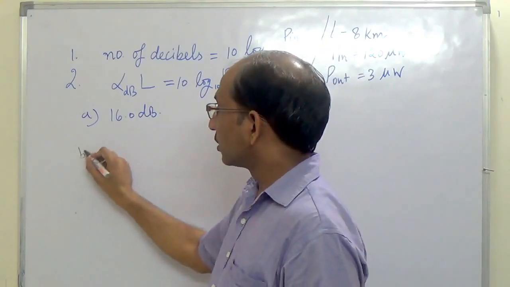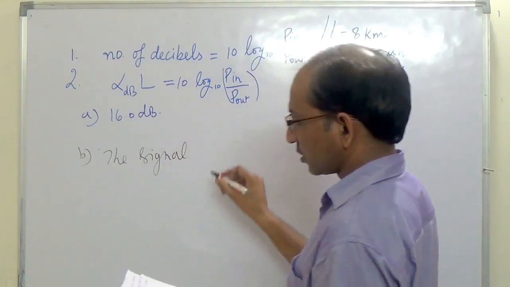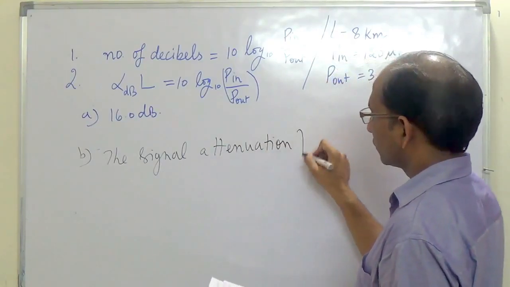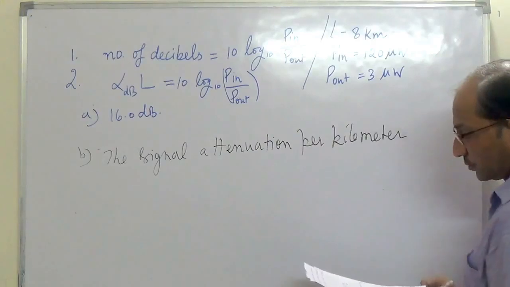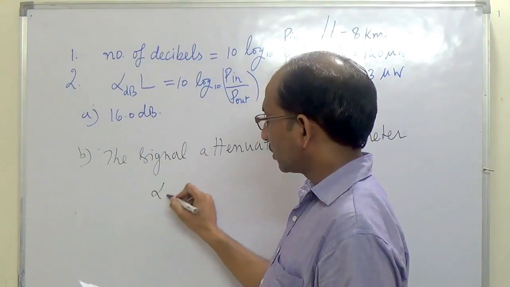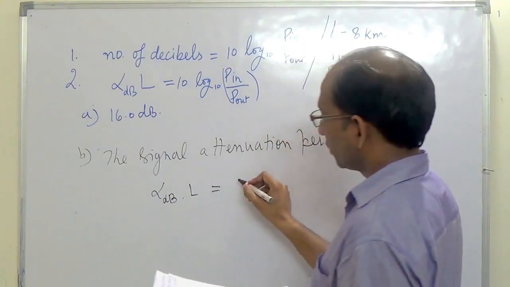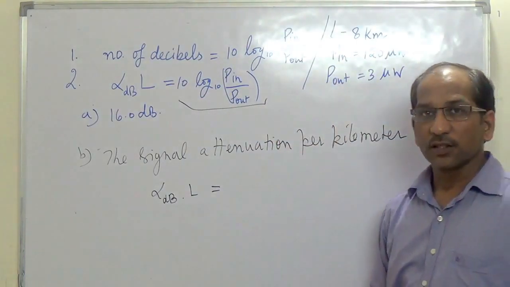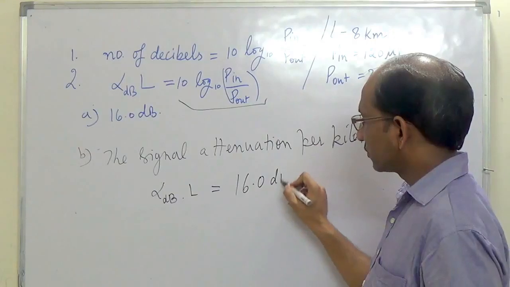Now the second part, the signal attenuation per kilometer for the fiber, that will be alpha dB into L, and we have already calculated this factor in the first part, and that is 16 dB, 16 decibels.